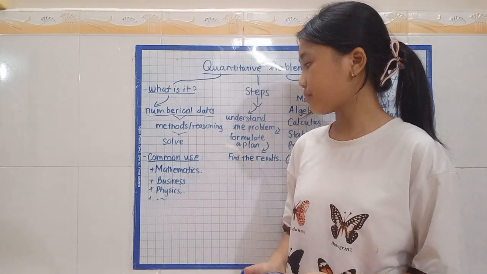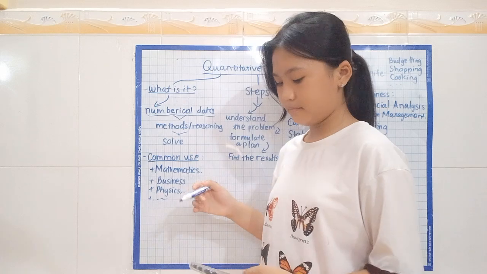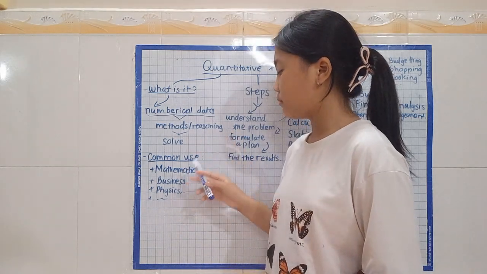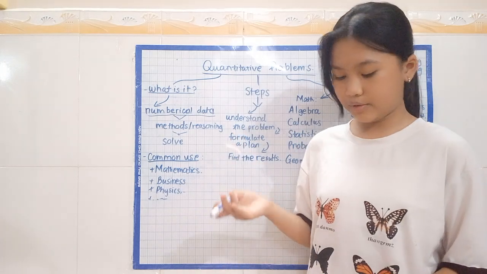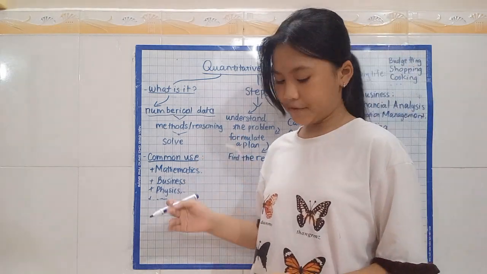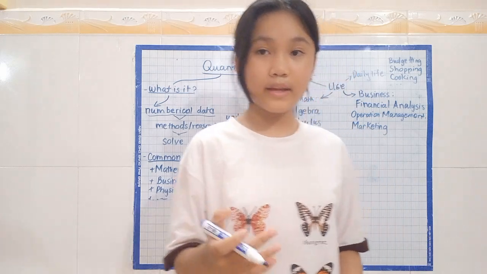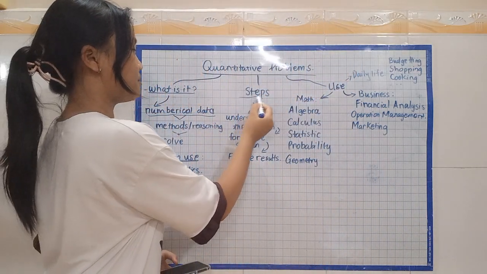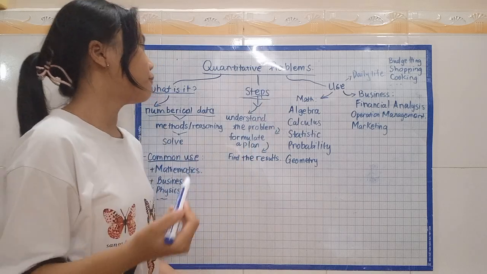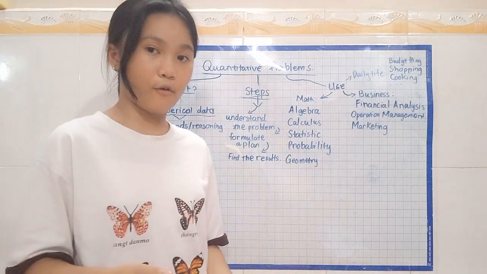We mainly use it when we face mathematics problems, physics, engineering, economics, and even business. And solving it is actually very easy. So let's look at some of its basic steps to solve a quantitative problem in a basic form.